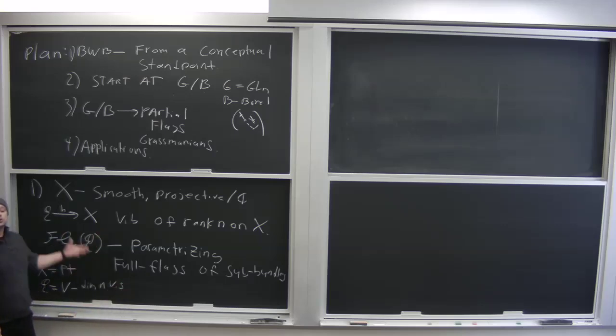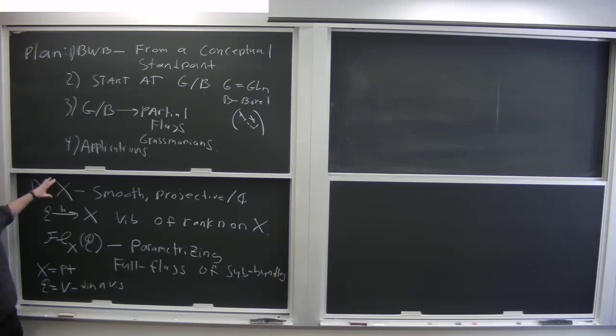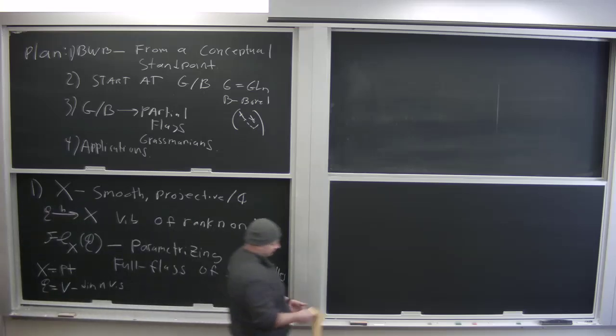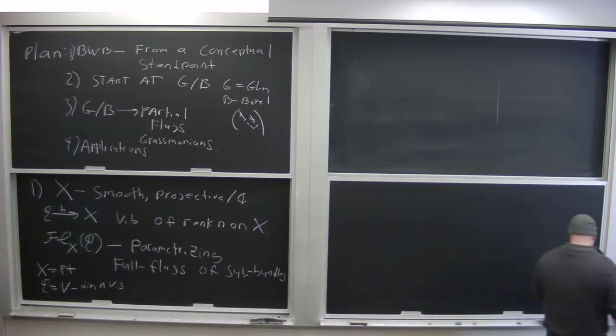Then this is just the usual full flag variety of flags of my vector space. Here is kind of a relative notion of this, and so we'll be able to formulate Borel-Weil-Bott in this situation. If you want to get back to the original one, we take X to be a point.